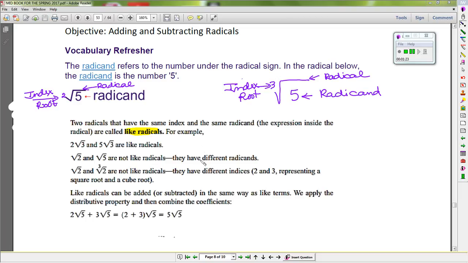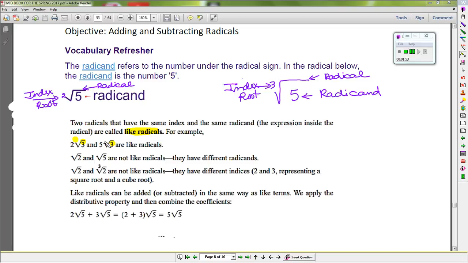Okay, so now we move on, and I will tell you what like radicals are. Like radicals must have the same index and the same radicand. You can see here these two numbers are like radicals because they have the same radicand, which is 3, and they also have the same index.